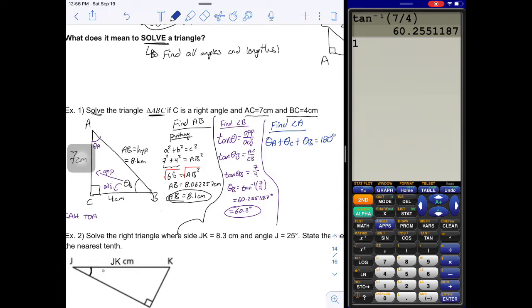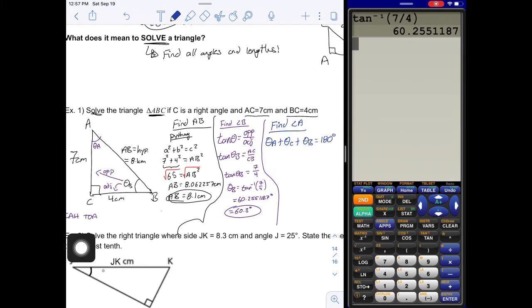Now, it's really important to remember, we're not going to use this rounded number when solving for another answer. We have to use the non-rounded number, and I'm going to show you a way to put it into your calculator where we don't have to type it all out all over again.